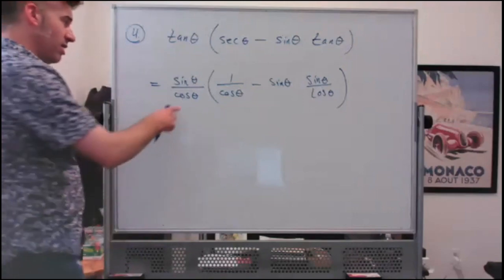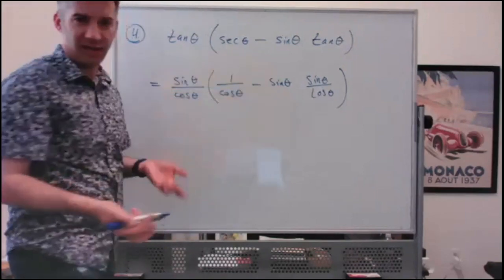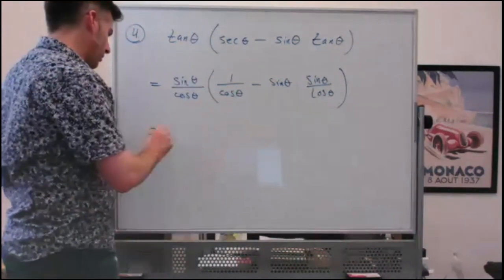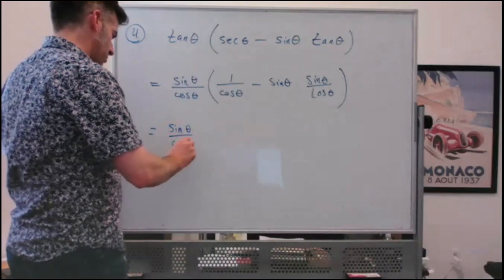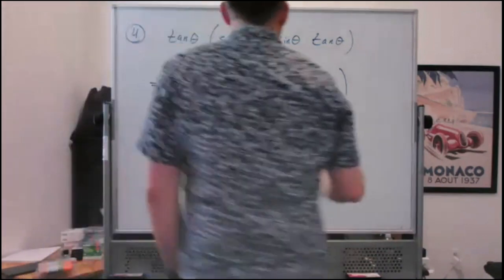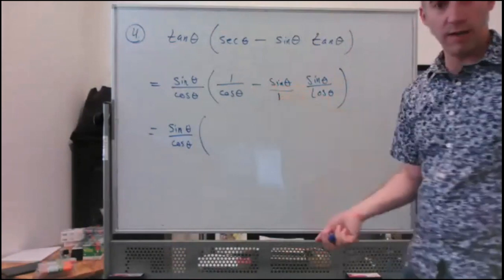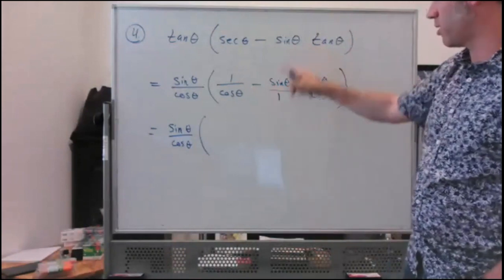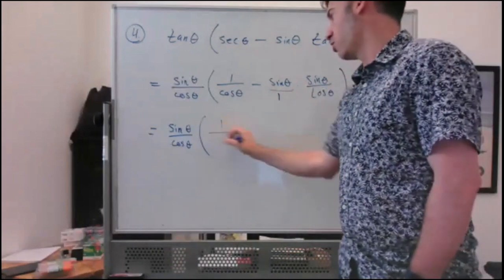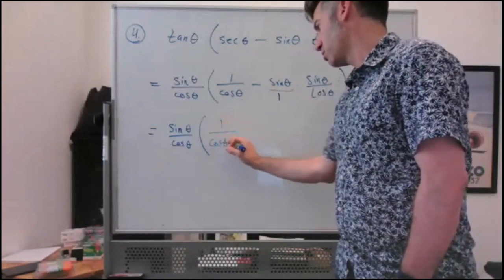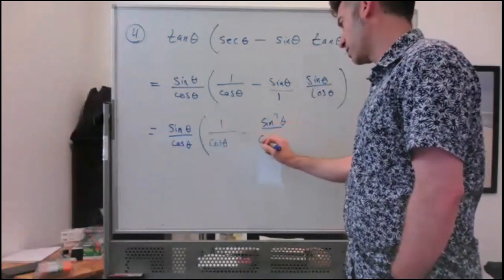I'm just going to leave this out here. I could distribute that, but I don't think it's the right thing to do. What I'm going to do instead is simplify what's inside the parentheses. It's worth noting that that's sine over 1, so this part here is sine squared theta over cosine theta. So I have 1 over cosine theta minus sine squared theta over cosine theta.